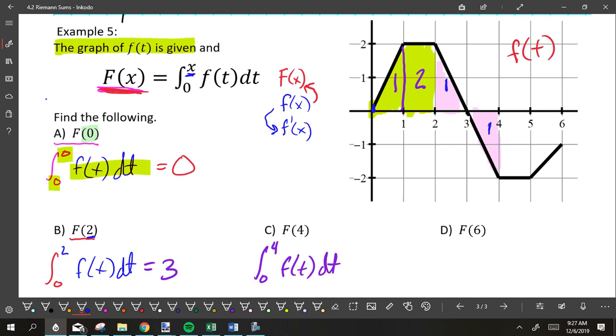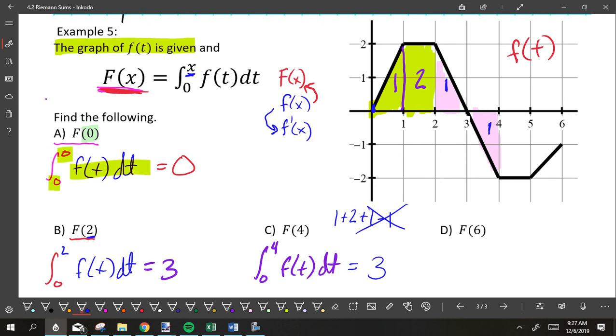If it's below the x-axis, we are subtracting, because it's not a positive area, it's negative. So we're doing 1 plus 2 plus 1 minus 1. The two pink triangles, guess what they do? They cancel. And so the answer to this question is also 3, because all we did is add a triangle of 1 and then subtract it. So it didn't change the area from the previous answer.